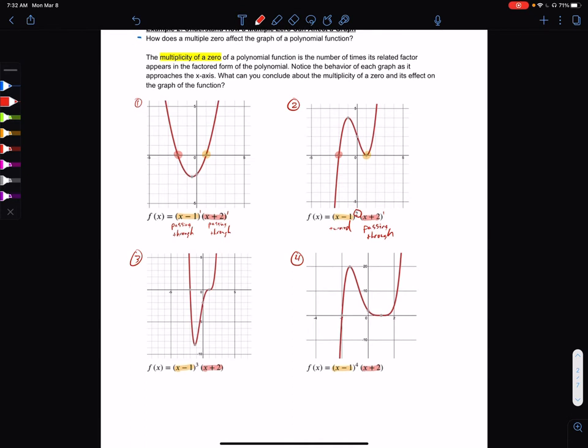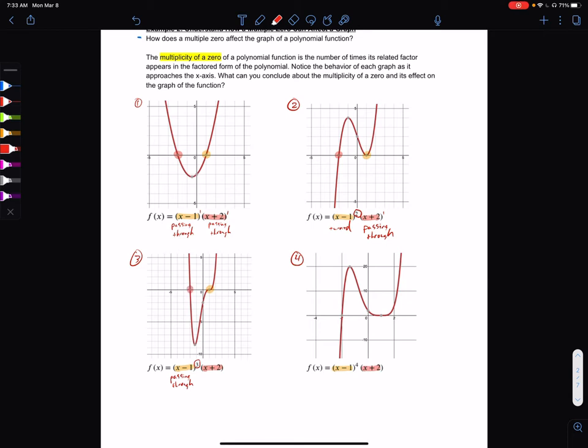In graph 3, x minus 1 this time has a multiplicity of 3. And if we look at that zero of 1, it does curve a little bit. It changes shape from graphs 1 and 2, but it still passes through. So at x minus 1, we're passing through that point. And then x plus 2, nothing about x plus 2 changed.